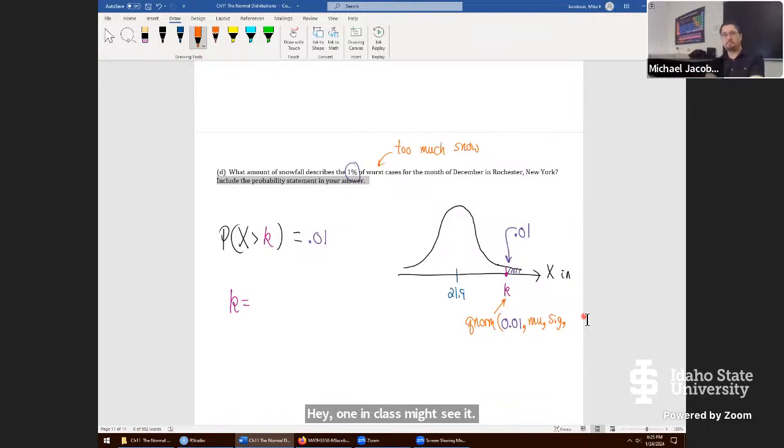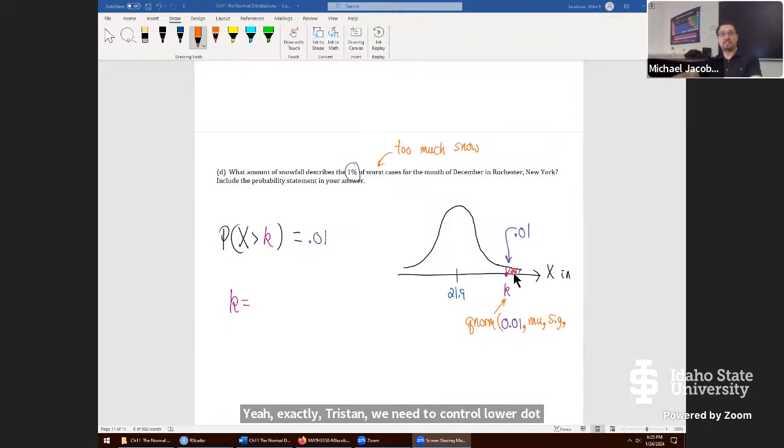And it's not one of those things that's really critical because if you ran the syntax as is, you're going to notice something's off, right? K is going to be way here, no snow. We're expecting loads of it. Oh, sorry, missed a chat. Yep, exactly, Tristan. We need to control lower.tail as false. So if we forgot it, we're going to get a really weird number. Always think about the context and you'll know something doesn't even make sense.